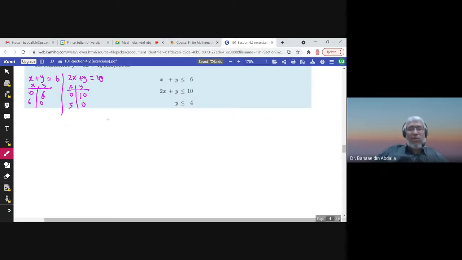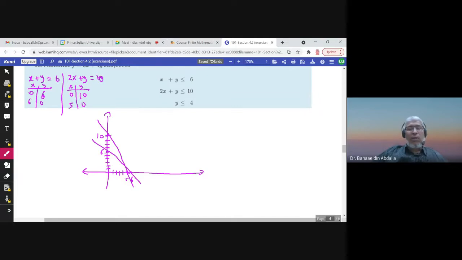So let us sketch the graph of the region. This is (0, 6), and this is (0, 10). This is (5, 0), and this is (6, 0). So (5, 0) with (0, 10), and (6, 0) with (0, 6).